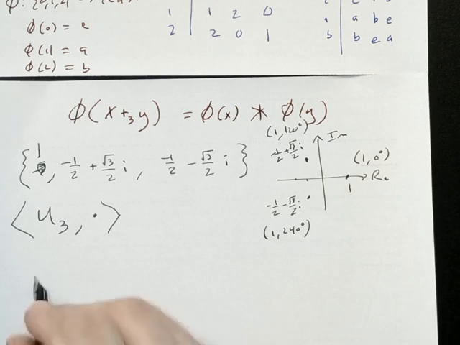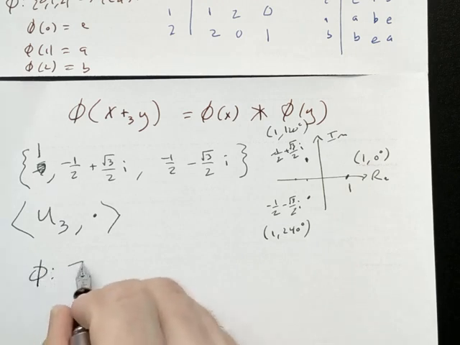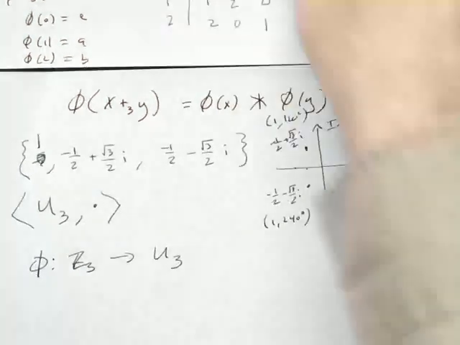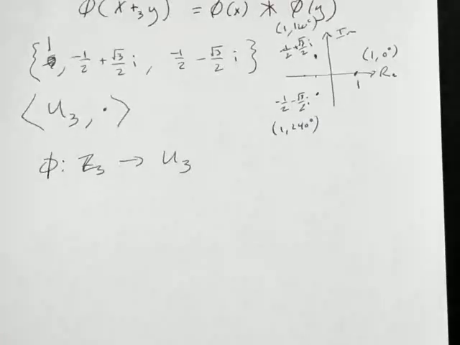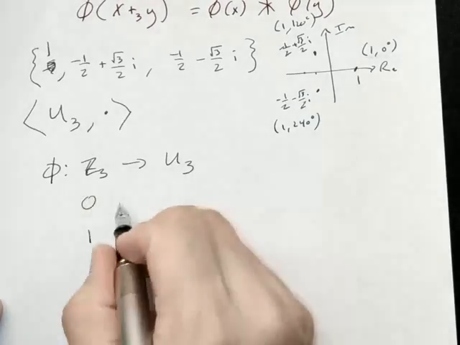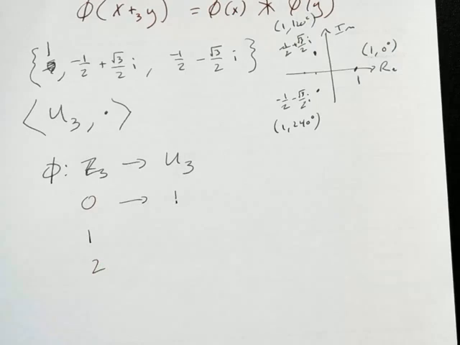So my map phi from Z3 to U3 should work like this. And now I need you all to make a decision. Which of my other two numbers is going to go with 1?